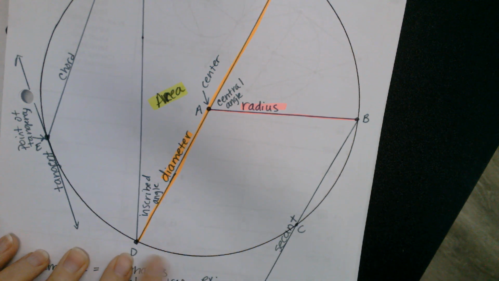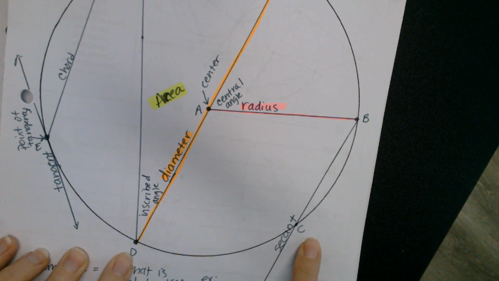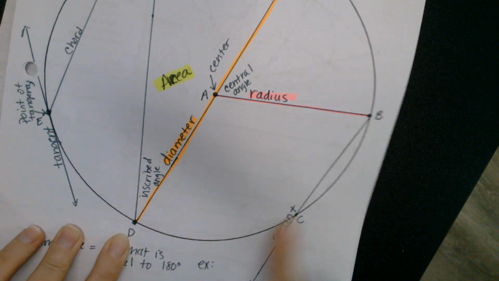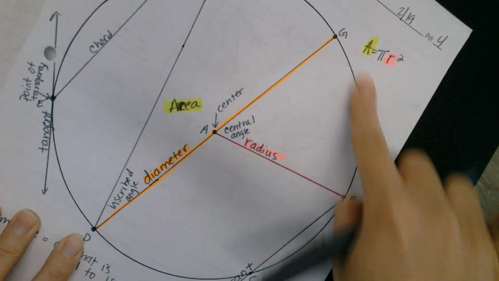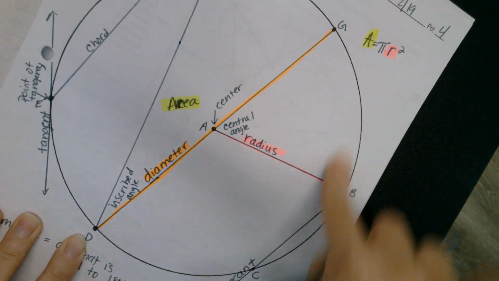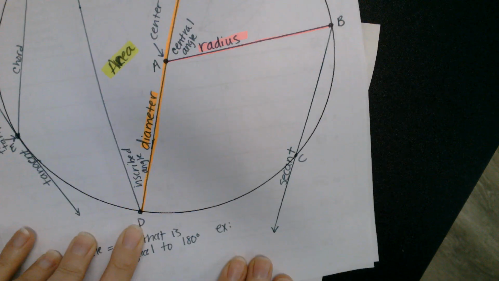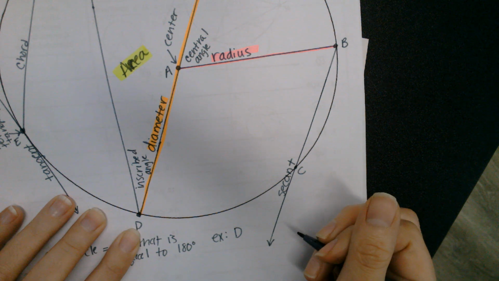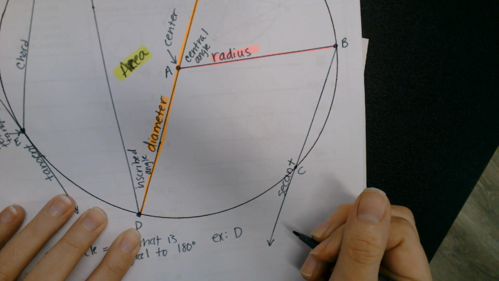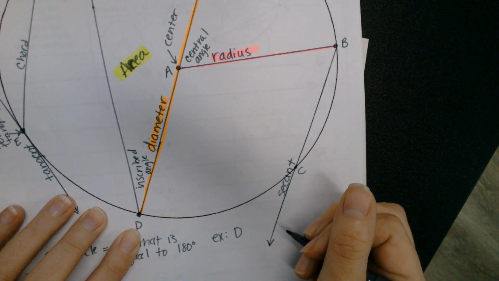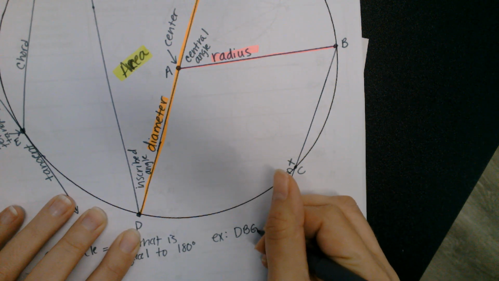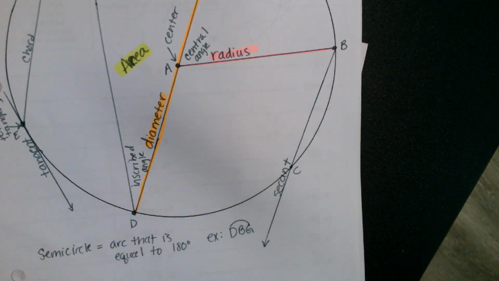So I'm going D, C, G. Or you can name it D, B, G. Those mean the same semicircle, same arc. Questions on that? Do you care? DCG or DBG? You said it. And then you put an arc, a hat above it.